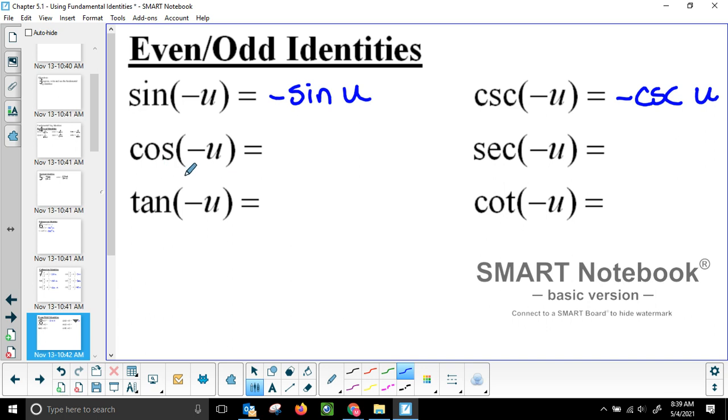Cosine here is an even function, so when you plug a negative argument into an even function, it just kind of disappears. So this is just cosine of u. Of course, secant is the reciprocal of cosine, so if cosine is even, so is secant, so the negative will go away here as well.